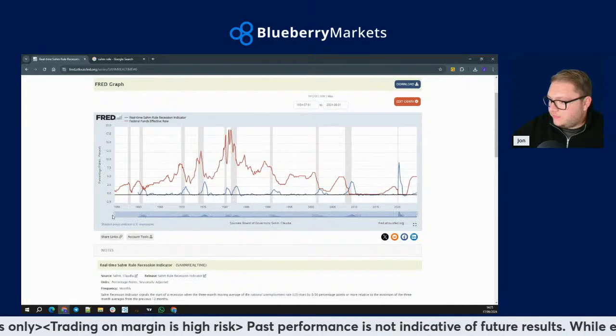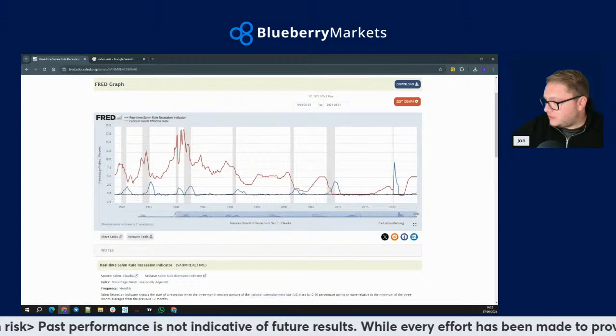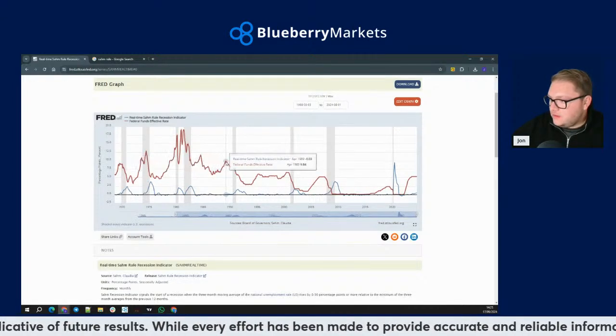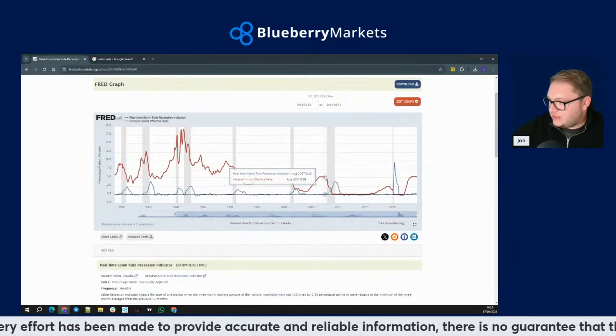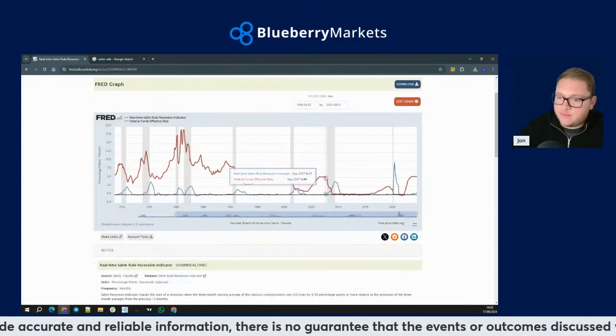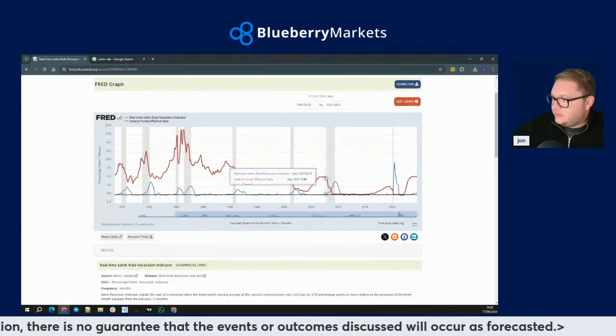Now, what's a little bit scary, which I've never looked at this chart myself before, but I'm just saying it out loud with you now, is if we have a little look at 2006, 2007, especially when we started to cut rates in September of 2007, the Sahm rule hadn't triggered yet.